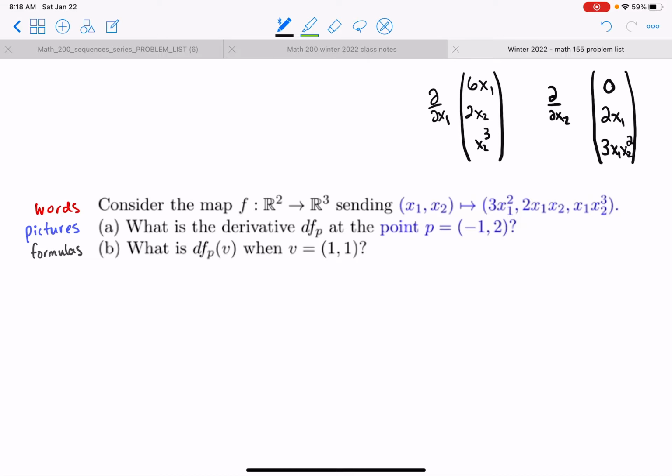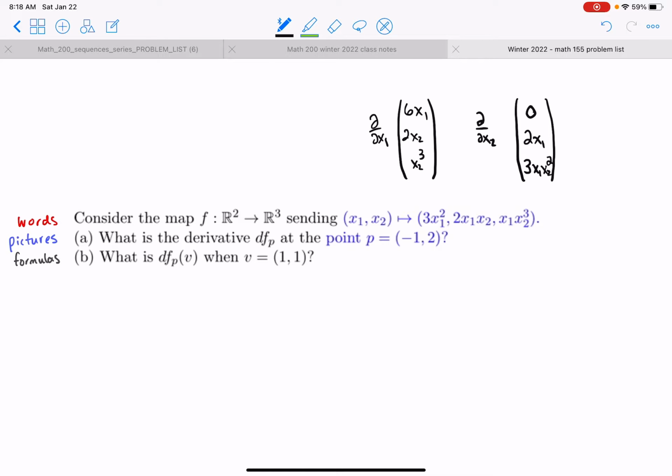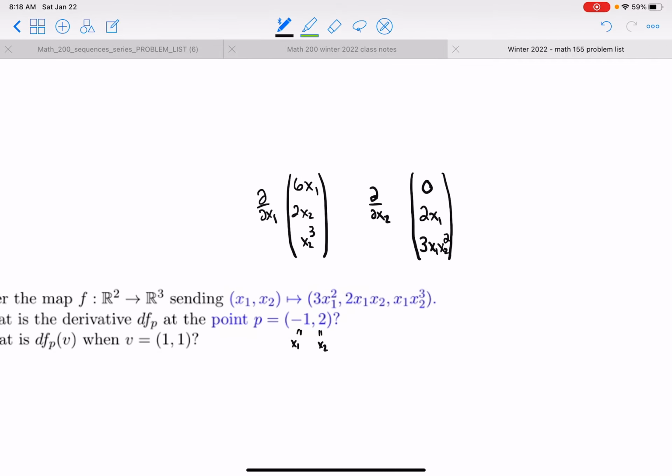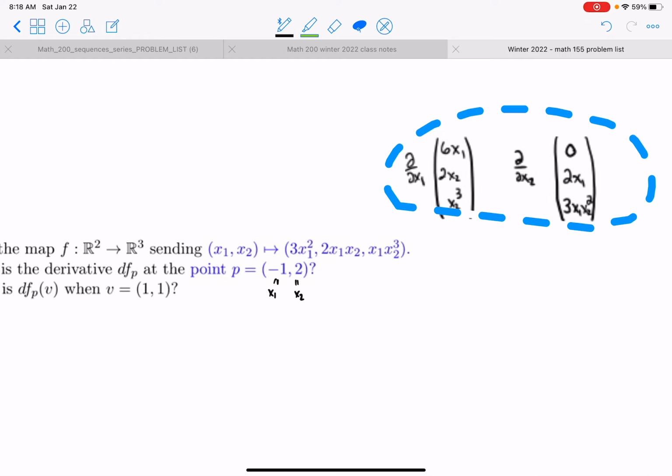Okay, now at the point P equals -1, 2, that means that x1 becomes -1 and x2 becomes 2. Okay, well then, what do these things become? Let's give ourselves some more room.